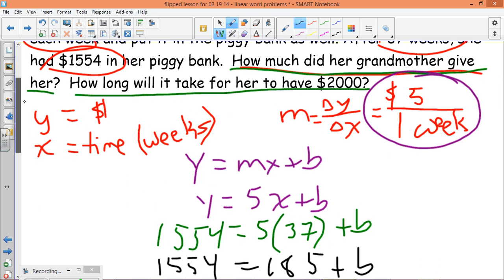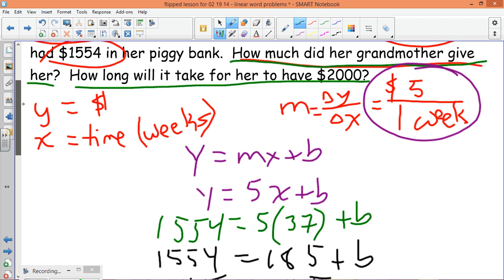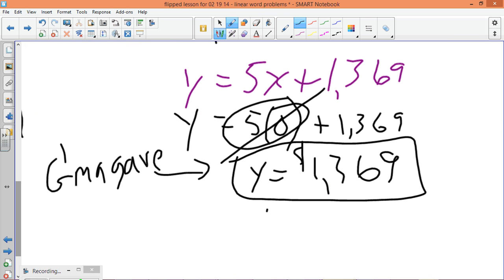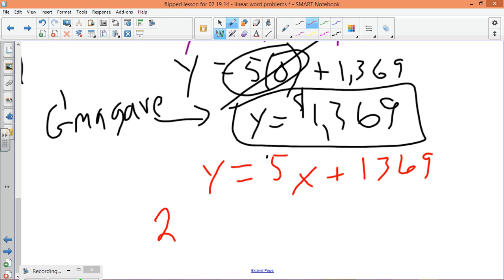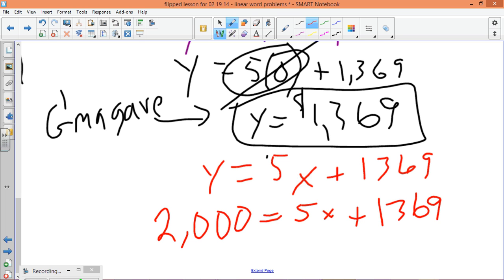Second, how long will it take for her to have $2,000? Well, we're going to use the same equation. Y equals 5x plus 1,369. But I now know that my money is $2,000. Money, remember, is y. So 2,000 equals 5x plus 1,369, and I want to know what x is. That's how many weeks.